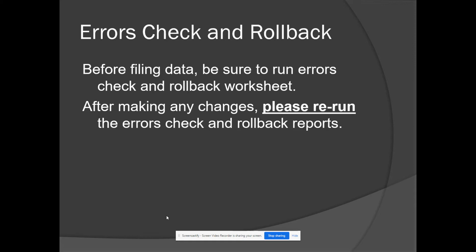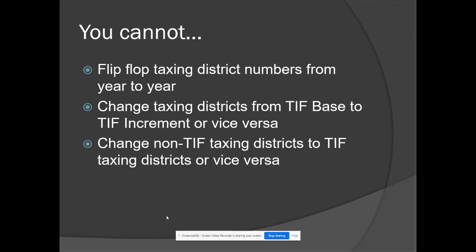If you have an errors check situation where there are errors versus simply warnings, the system won't let you file your data. But keep in mind, anytime you unfile, you must file again or your data is not public and it won't be populating the online system budget forms with those changes.